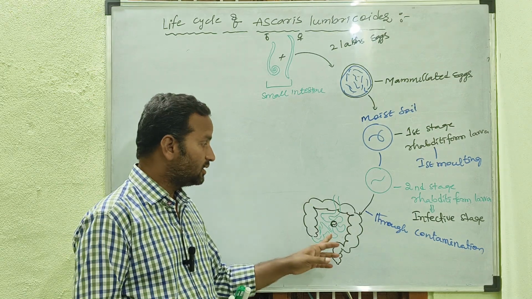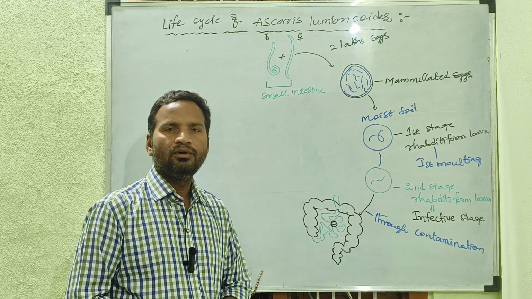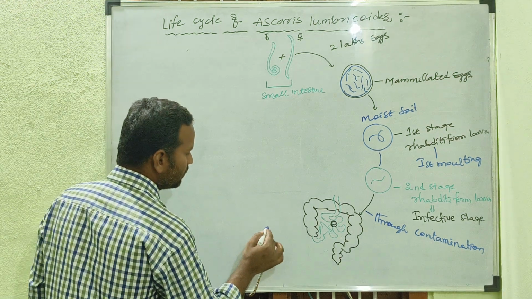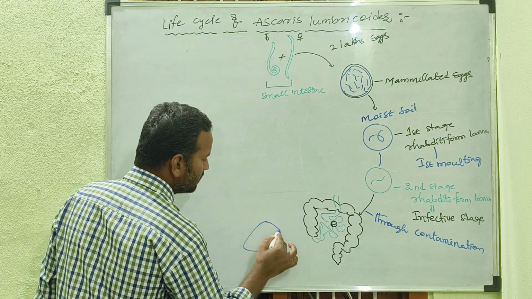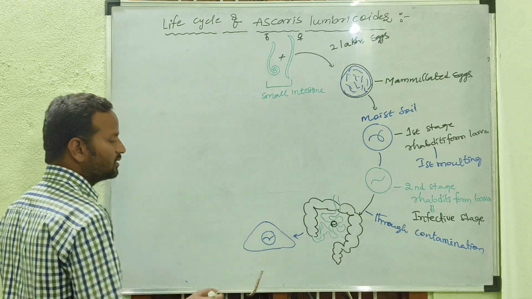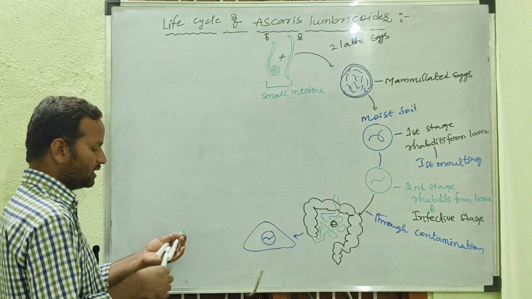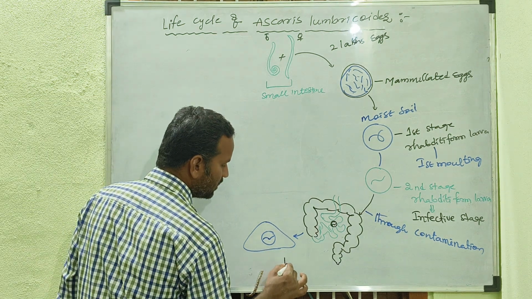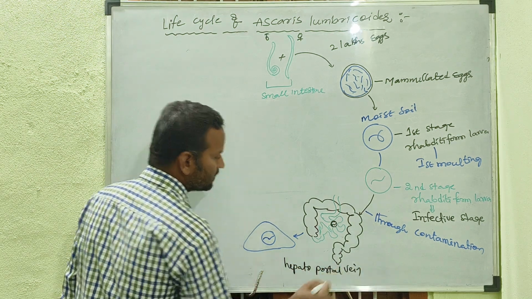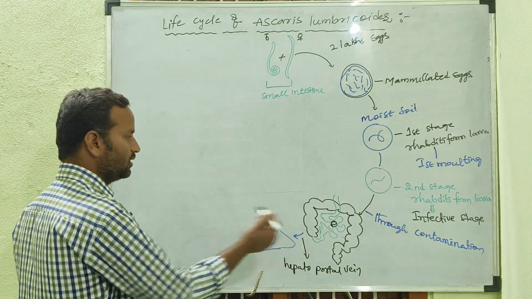Then from there it reaches the liver through the hepatoportal vein. This is not exact, just a diagram. It reaches the liver through the hepatoportal system, through the hepatoportal vein, from the small intestine.